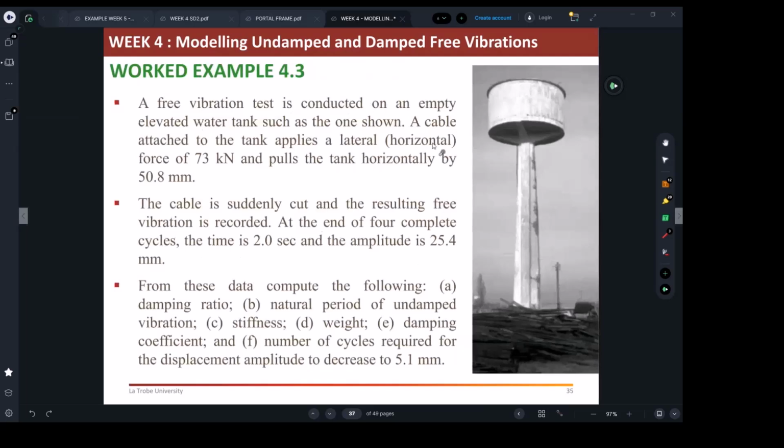It's really very comprehensive. It shows you a real structure. You can assume this is a heritage building. There can be many other cases where you can simulate a single degree of freedom system. You can see what they did here, and based on that, you should be able to report all those properties.